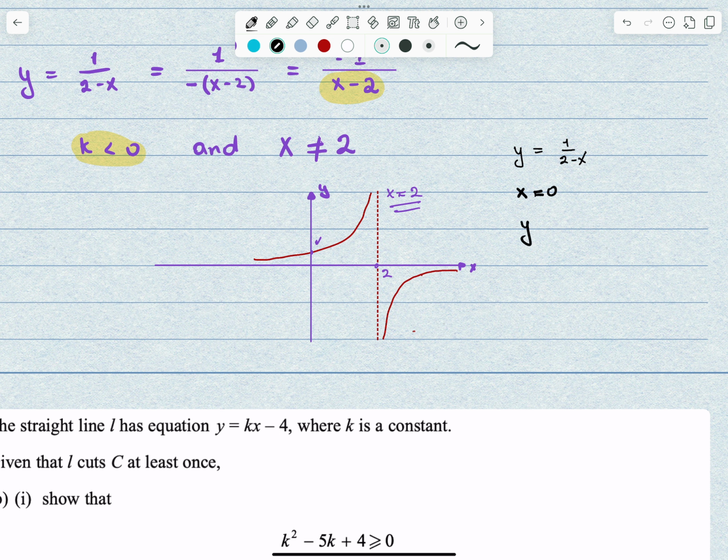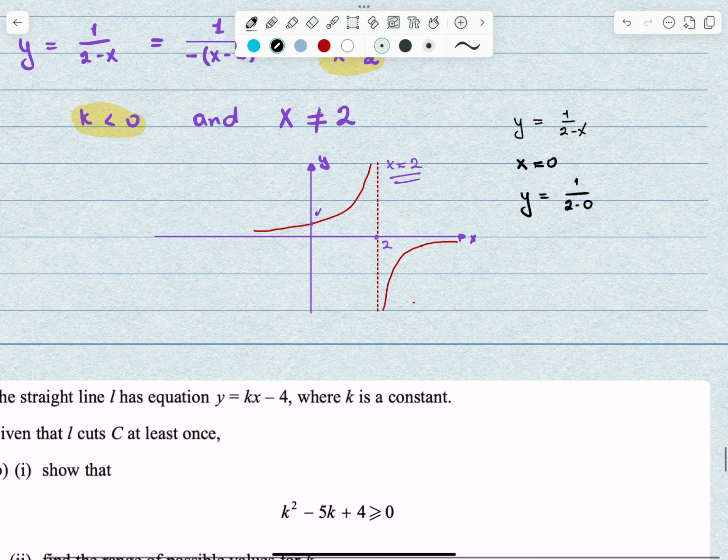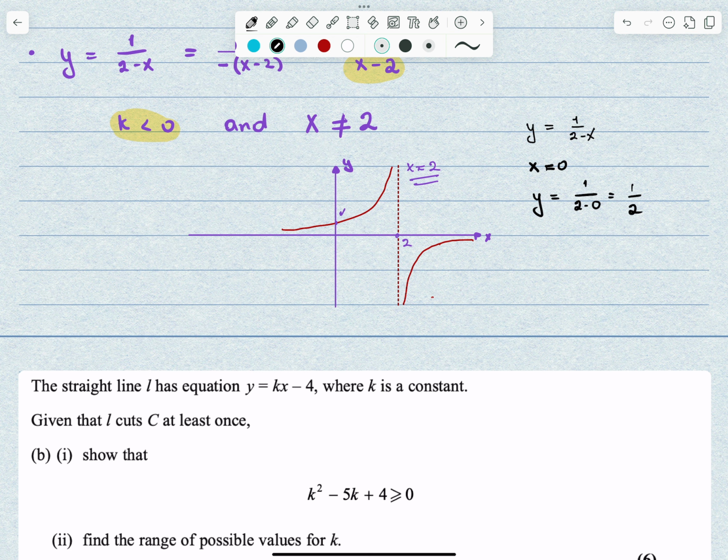If I set x to 0, that means y is going to be 1 divided by 2 minus 0, which is a half. Alright, there is a y intersection obviously, as you can see, and that's a half. So the coordinates of that are 0 and a half. That's pretty simple to find.